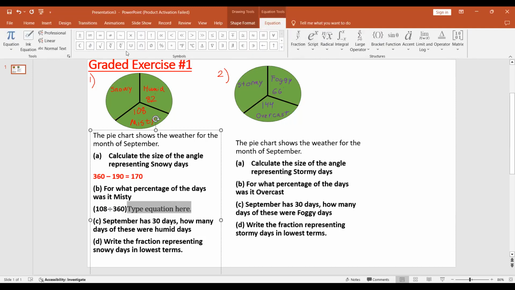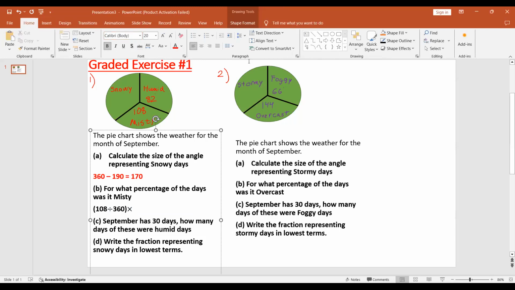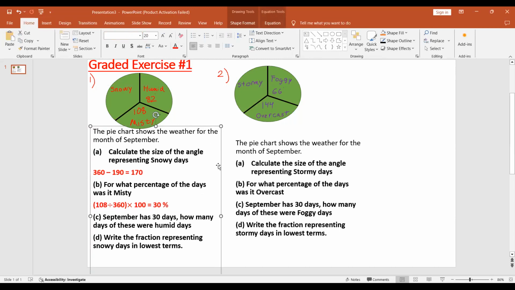Then we multiply it by 100 over 1. And that gives us 30%. Anyone else get 30% for 1B? I did. Very good. So 30% is the correct answer.